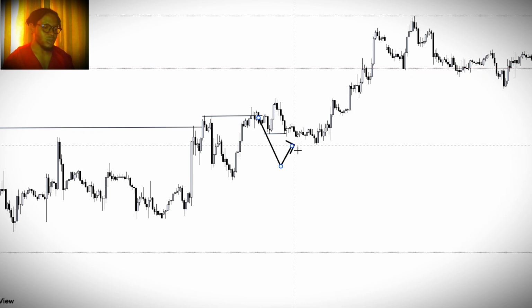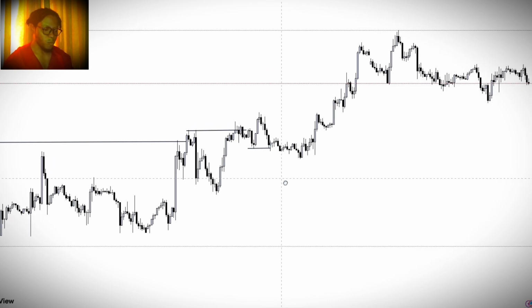Price just rejected this point and went up. All right, so here is our flip zone. So I entered from this point.